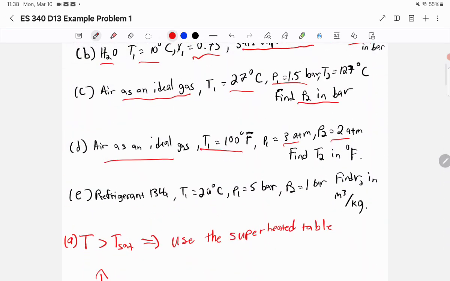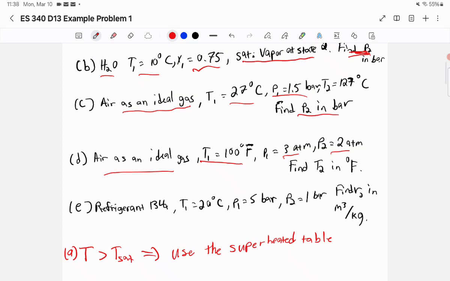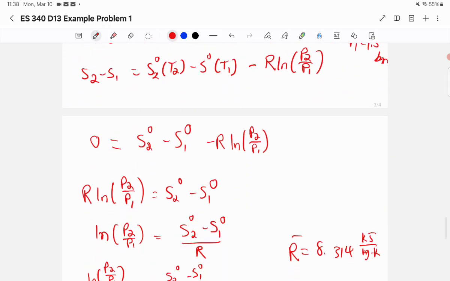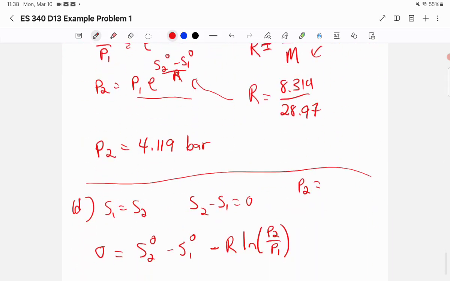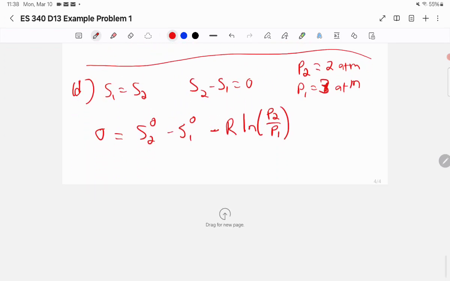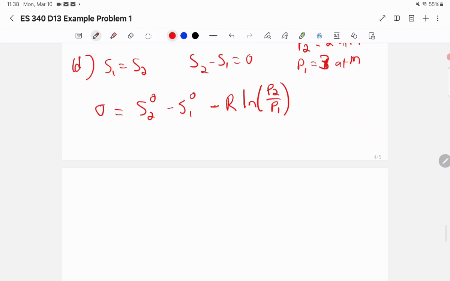We were given both P2 and P1 in this case. P2 is equal to 2 atmospheres. P1 is 3 atmospheres. And if I look up the values on the table here, basically I'm not given S2, I don't know what this one is, so I'm going to solve this for that.